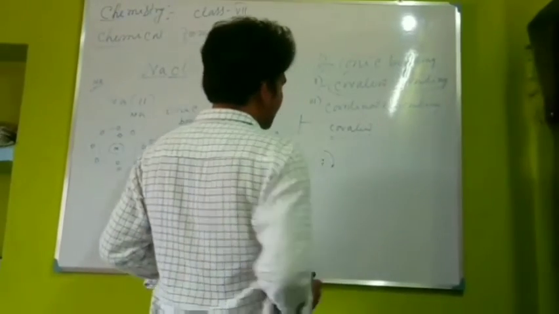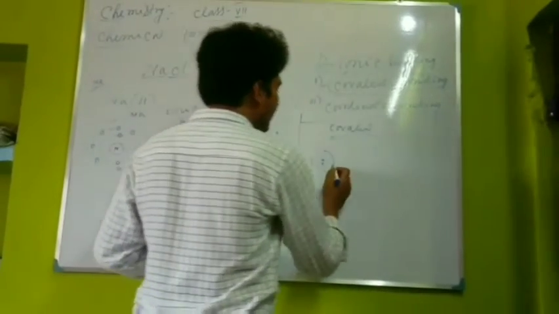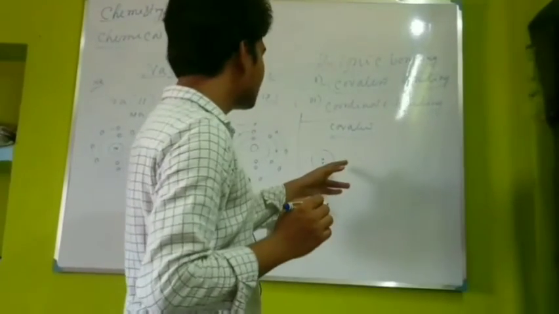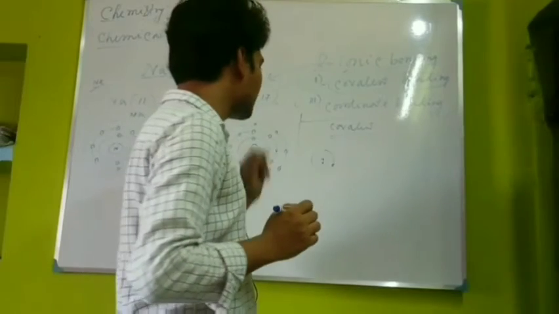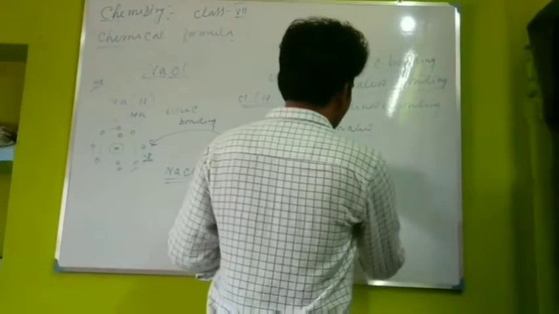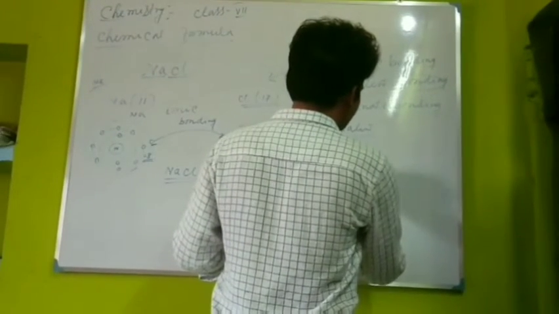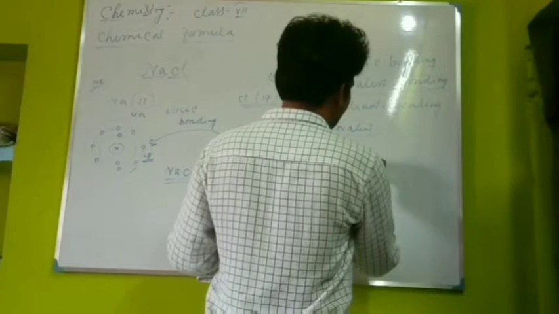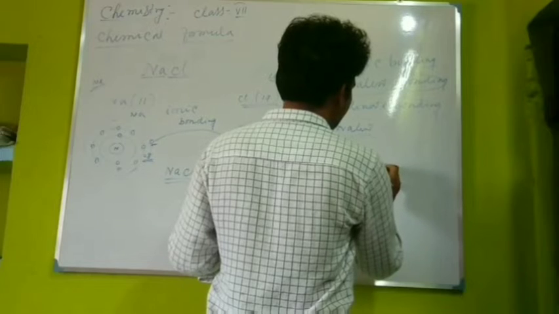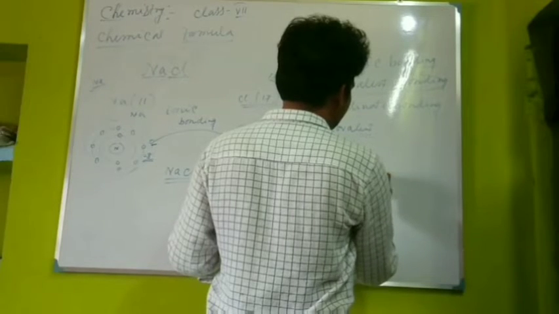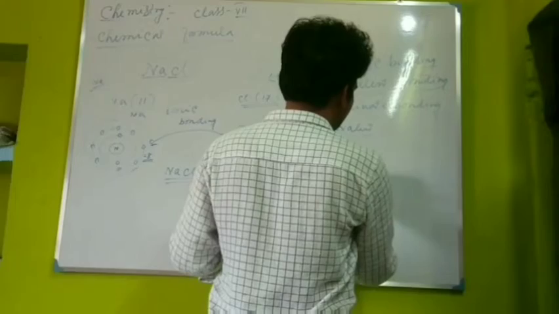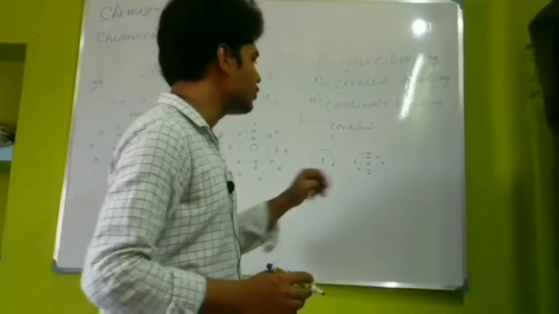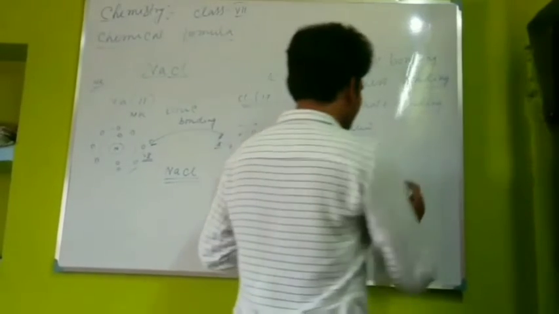Now to get the electronic configuration same as helium, it always tries to take one more electron. For oxygen, it has 6 electrons at its outer shell. So it always wants 2 electrons to fulfill its octet.